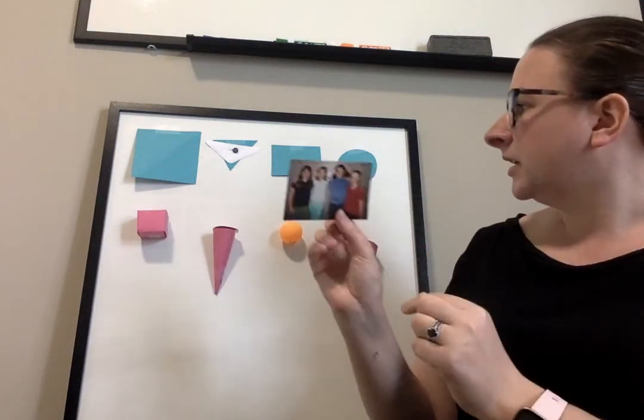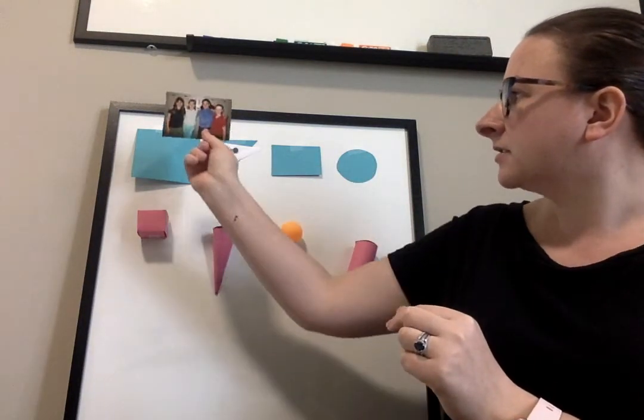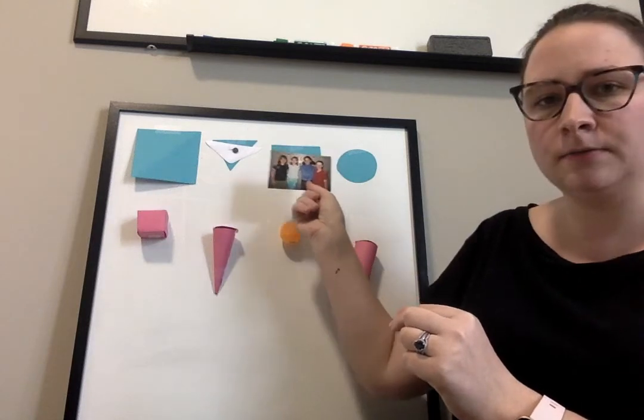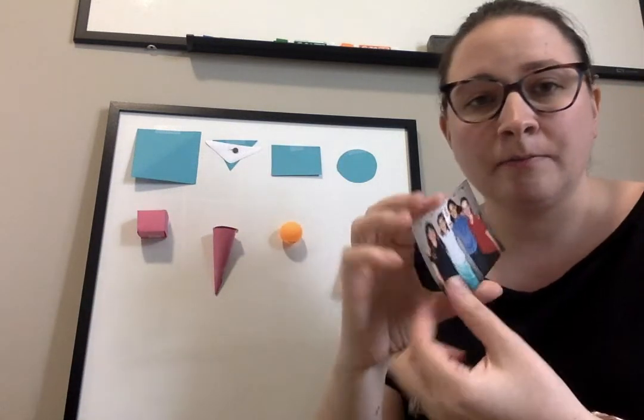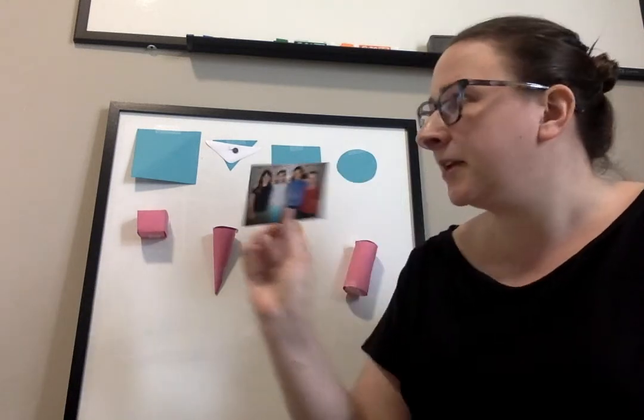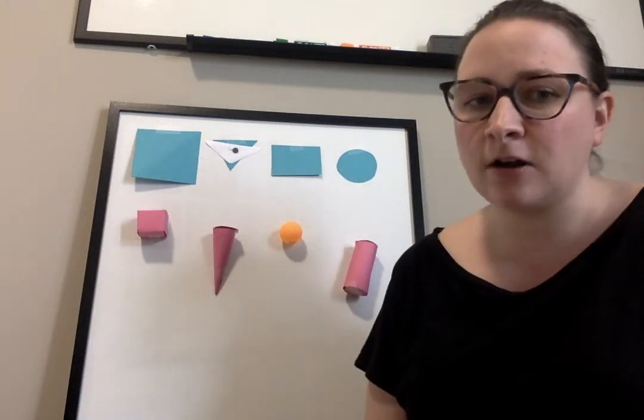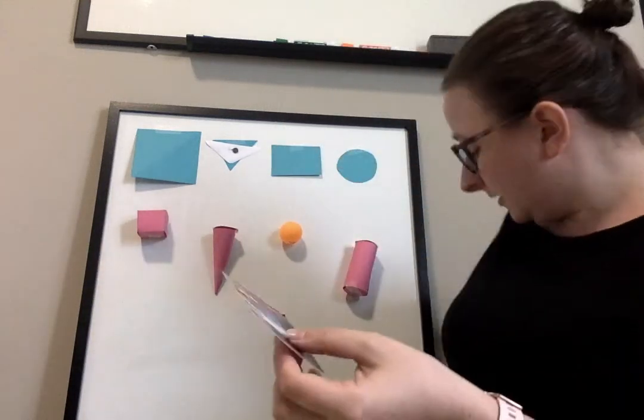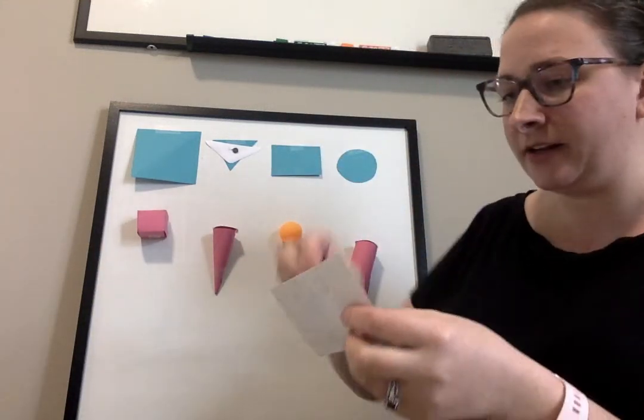Our shapes could be a square or a rectangle. My shape, my picture, has 2 long sides and 2 short sides, which means it can't be a square because squares all have the same size. So it has to be a rectangle.